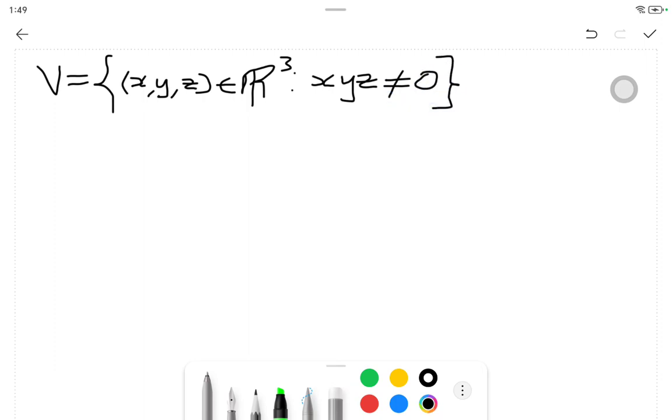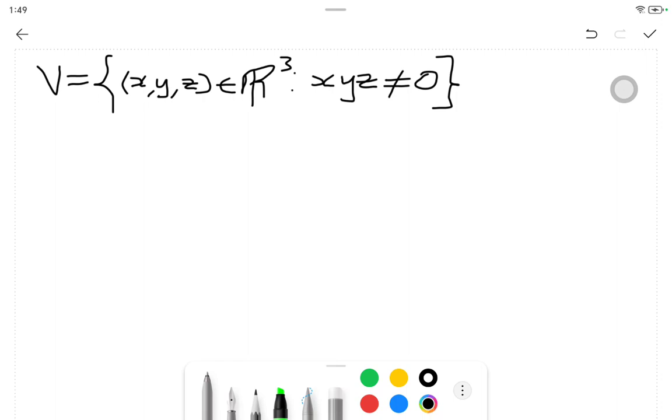I think it was something like this. Let me check if I have the questions here. Yeah, they say V is equal to (x, y, z), an element of R cubed.